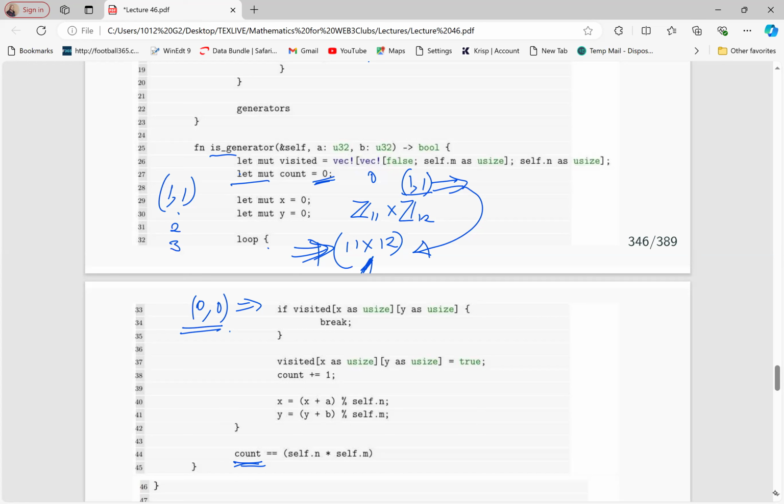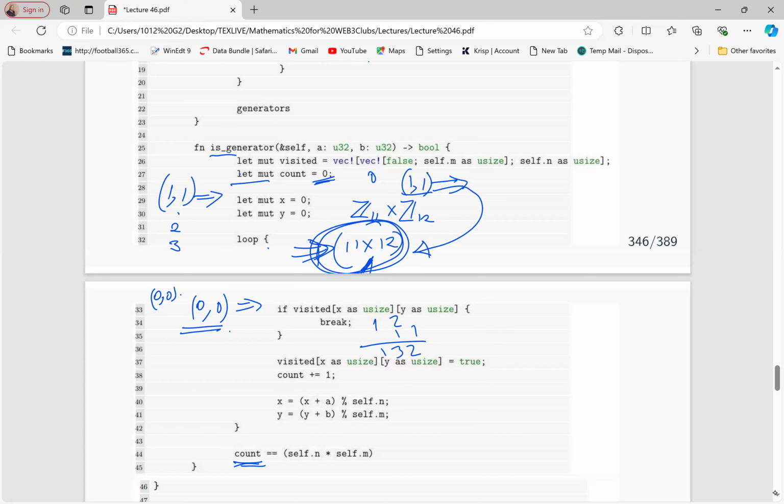At the count of 4, the addition has given us 0, 0, so 1, 1 is declared not a generator, because if it's a generator, the count should go up to 132, 12 times 11. But the count has gone up to only 4, so 1, 1 is not a generator.